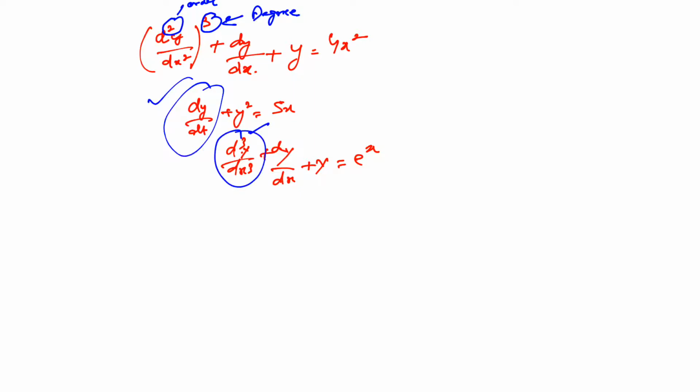Now take an example in which, let us suppose, it has the exponent of 2, that is dy by dt with the power of 2, then we can say that its degree is 2.